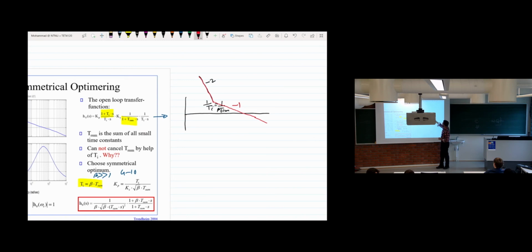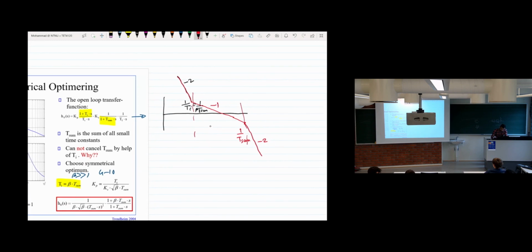And again, when you reach the frequency 1 over T sum, it would be -2 again. This distance depends on the beta. So how long it would be -1 is based on the beta that you are selecting here.